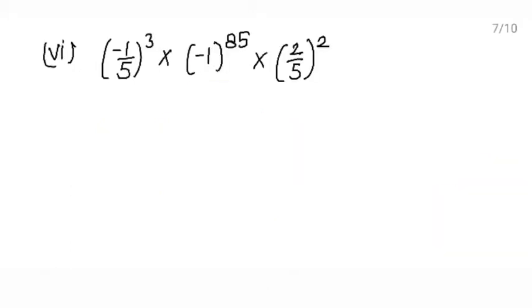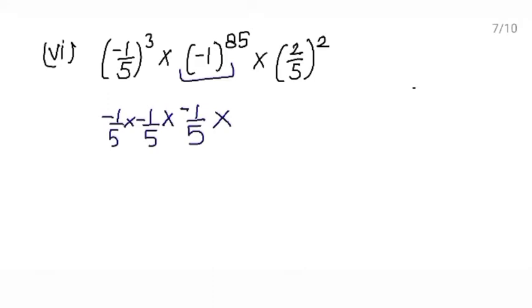Next part is minus 1 upon 5 raised to the power 3. That means minus 1 upon 5 will be multiplied by itself 3 times. Multiply minus 1 raised to the power 85. Students, it is very time consuming to write minus 1 85 times. Okay, because there is minus 1 raised to the power 85.